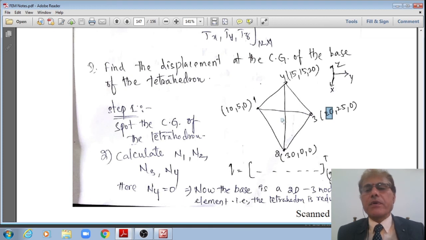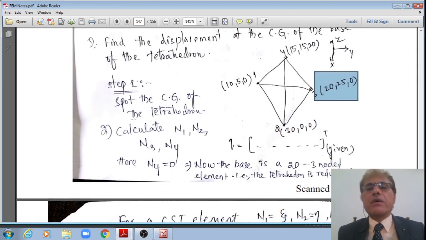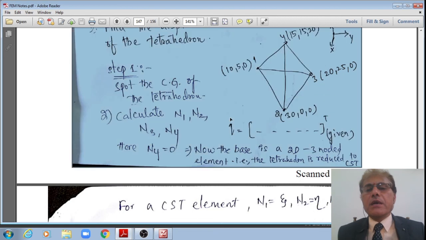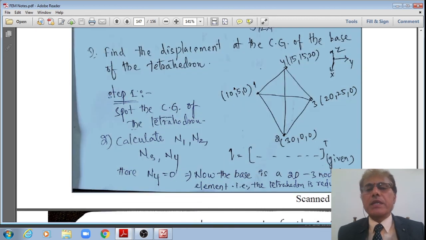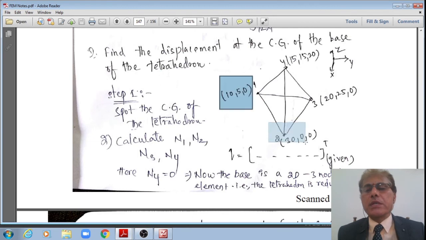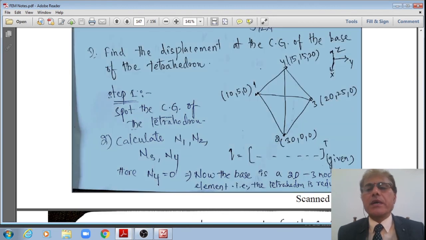is equal to 20. Therefore the displacement, student, if these are the displacements of this first node and that of the second node and third node respectively, if they are given, let us say, I'm sorry, these are the coordinates, student, right.